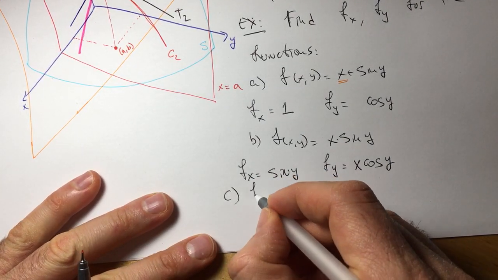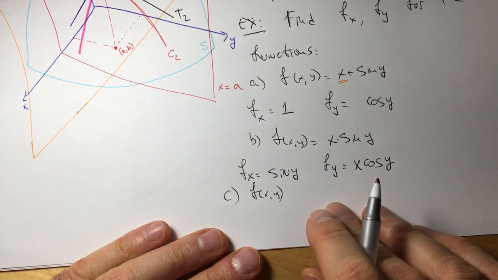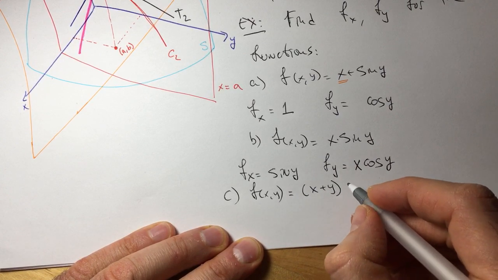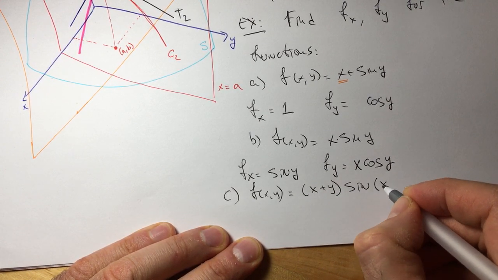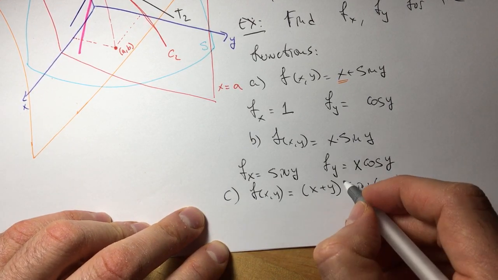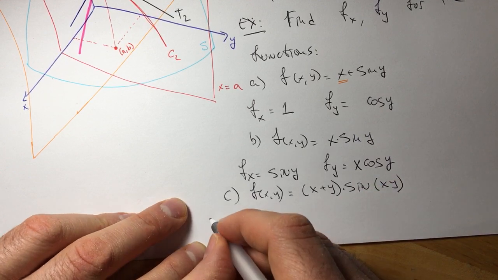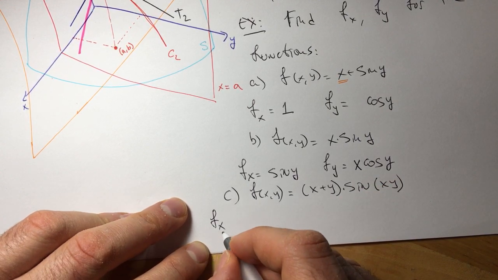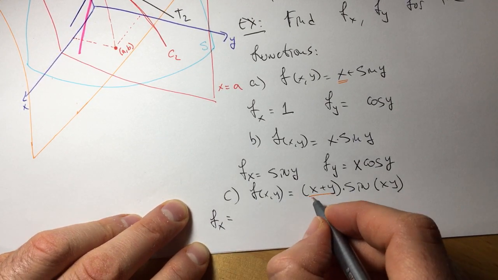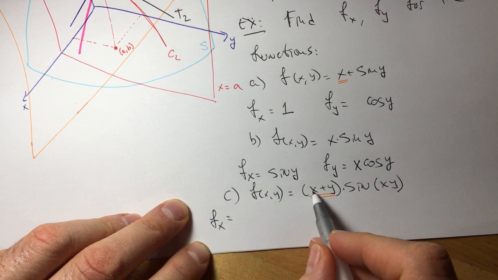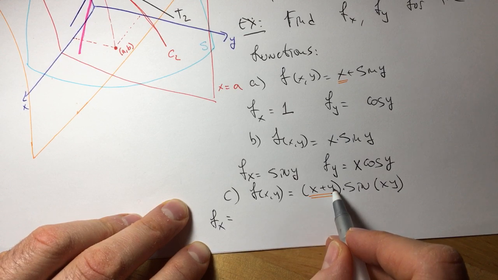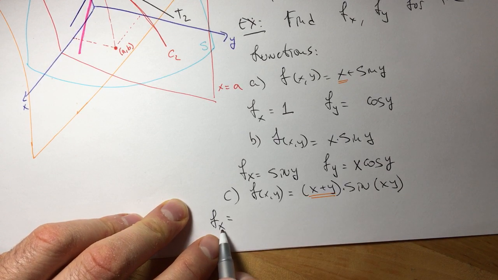Let's see another example. f of xy is equal to (x plus y) times sine of xy. So here we have the product rule, so be careful. The partial derivative partial f partial x is equal to, first, the derivative of this multiplicand, where x is a function of x, so the derivative of x is 1. This y is a constant because I'm differentiating with respect to x.